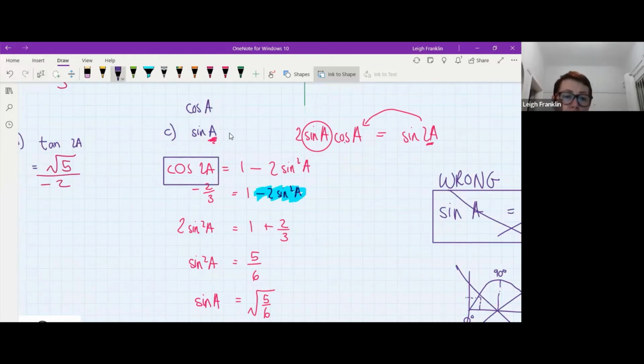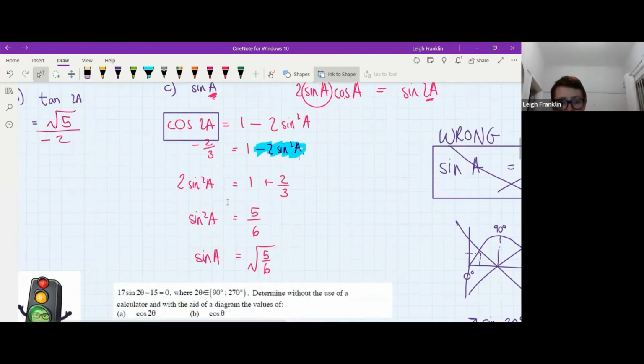You're going to write cos 2A in this case as 1 minus 2 sine squared A, because sine A is what we're solving for. Then we make that the subject of the formula, sub in our values, and there we go. Everybody happy with that?